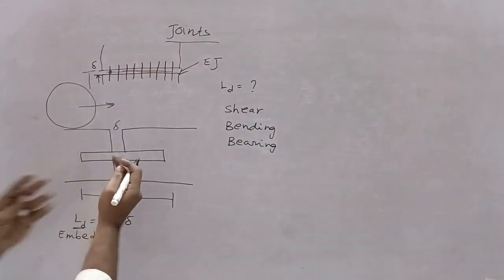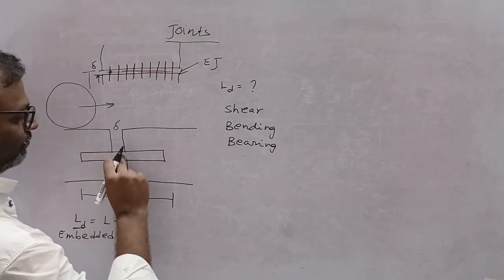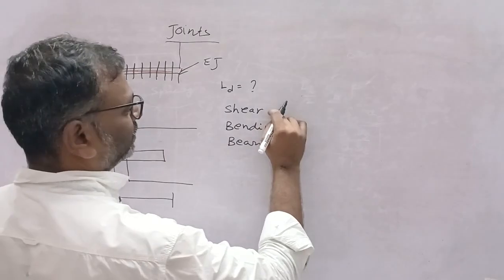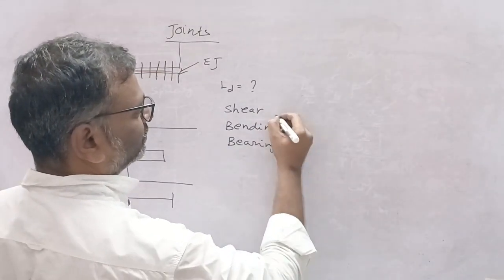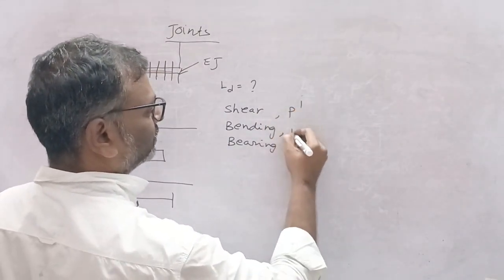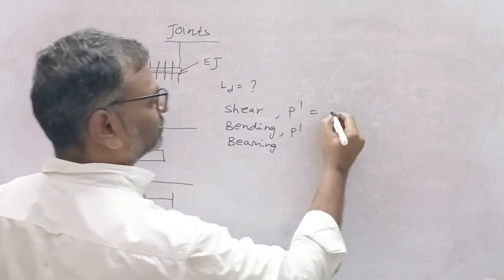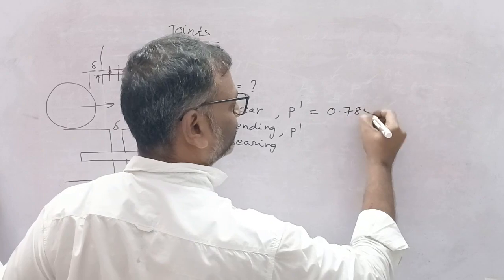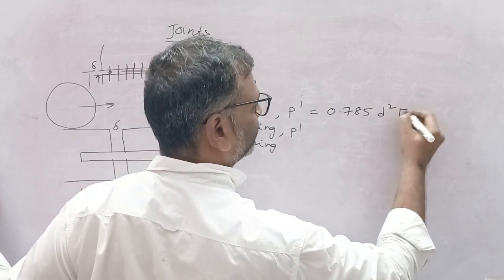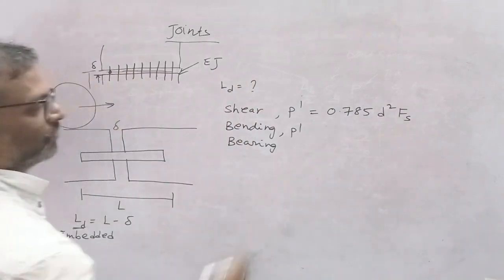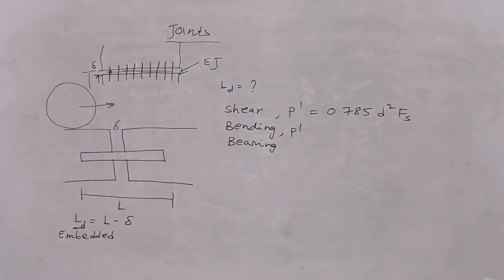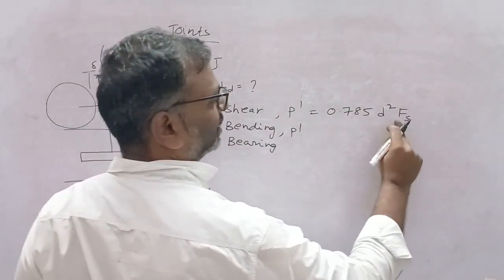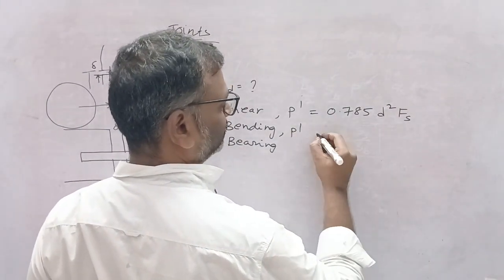So shear, bending and bearing: we have three formulae. The first is 0.785 d square into Fs, where Fs is the allowable shear stress in steel.